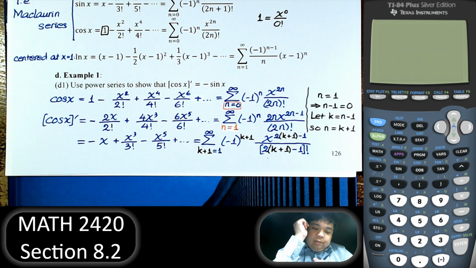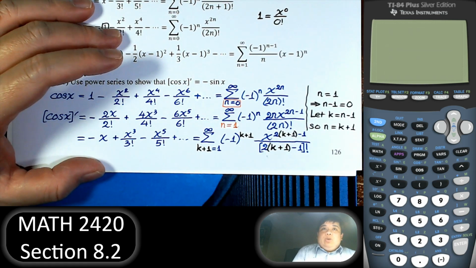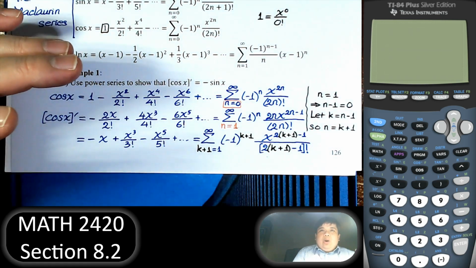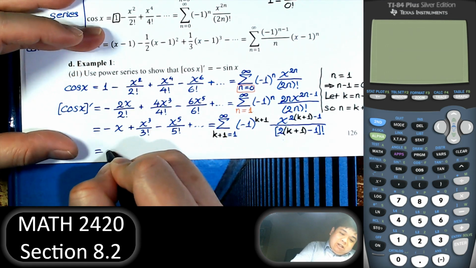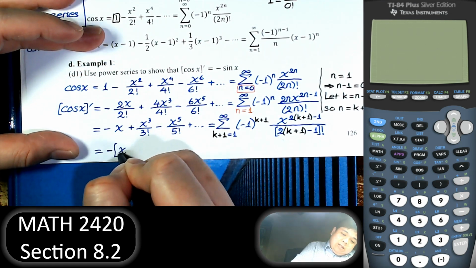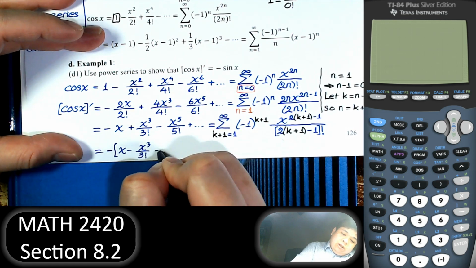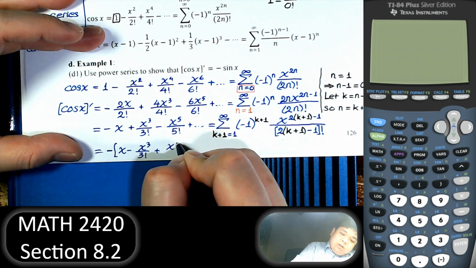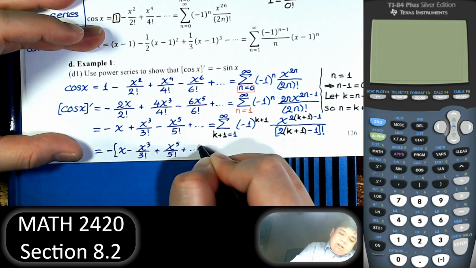Subtract 1 on both sides, k will be equal to 0. Just substitute all that, and I also factor out the minus. So we have x minus x cubed over 3 factorial plus x to the 5th over 5 factorial, dot dot dot.